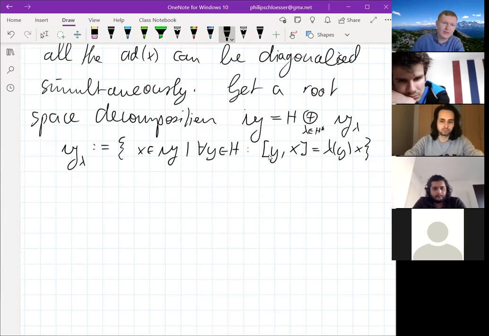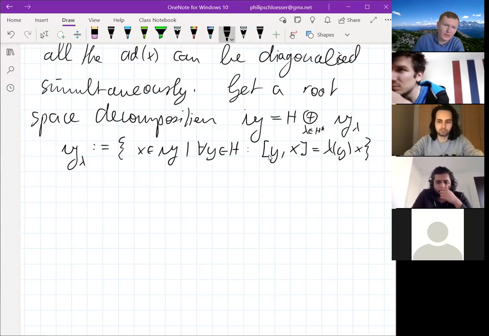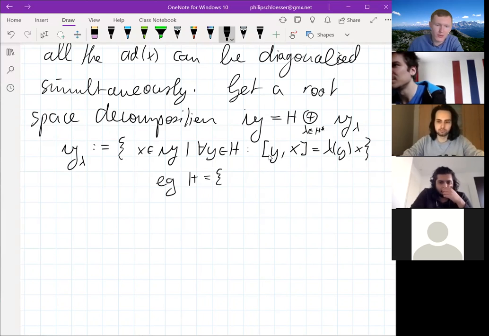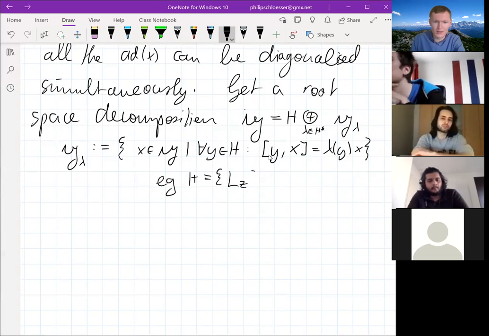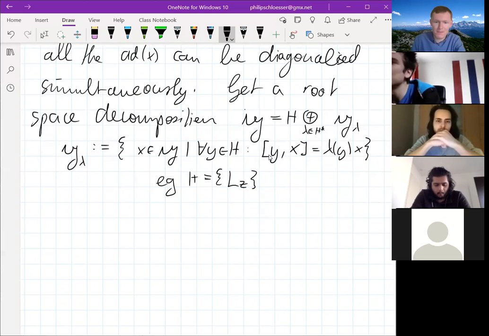Usually we have our Cartan subalgebra generated by finitely many elements. For example, if we are talking about SO3, it's usually generated by the angular momentum in z direction. And then you just have the eigenspaces there.